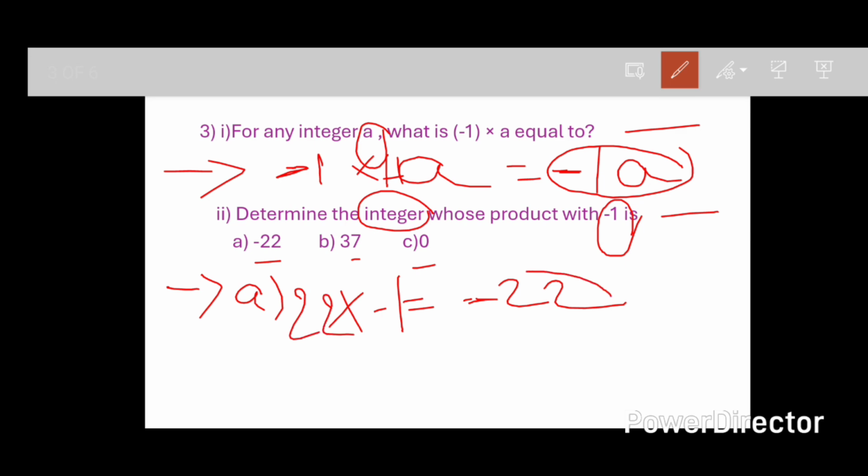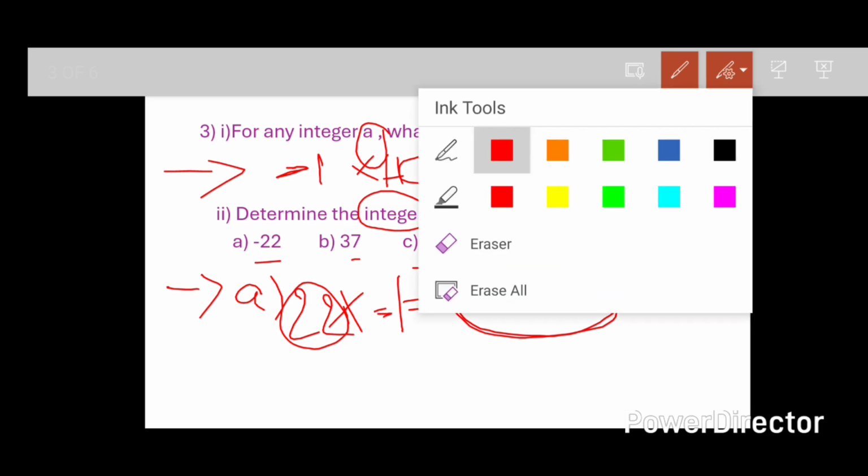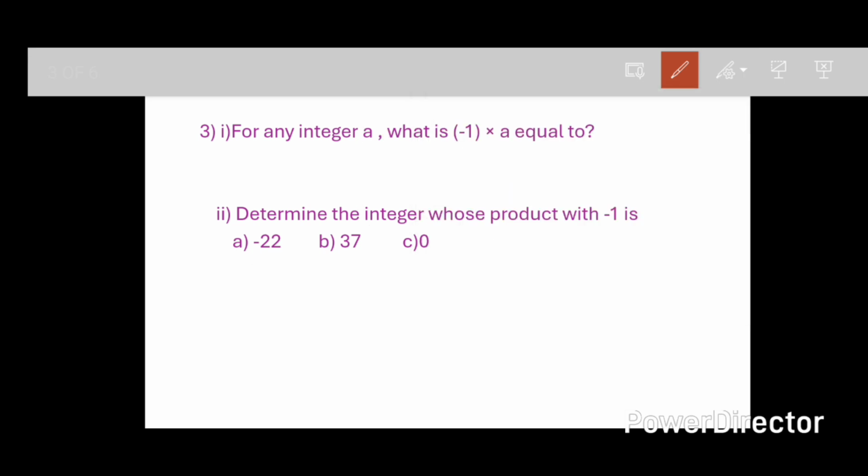If we want to get 22 with 1, we multiply the same number. You already know this thing, which is the multiplicative identity property. If you multiply any number with 1, we get the same number. That's why here the minus symbol is there, and in the answer also minus will come. So the unknown integer is 22.